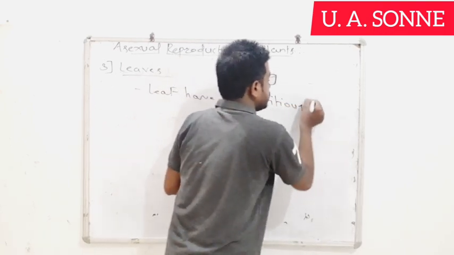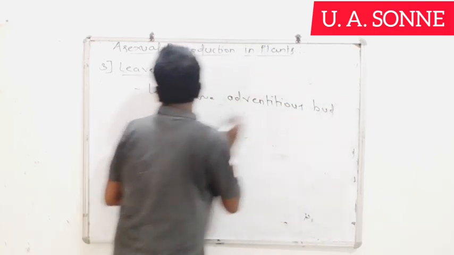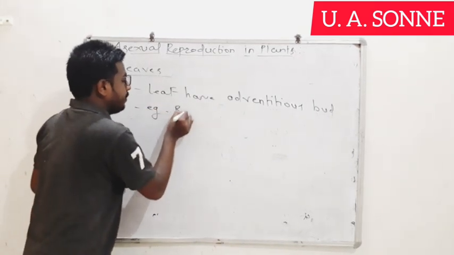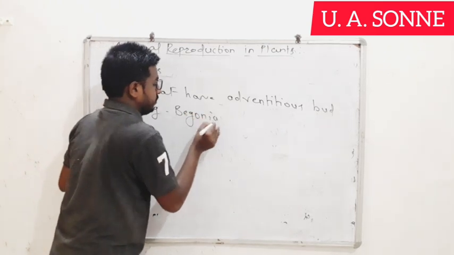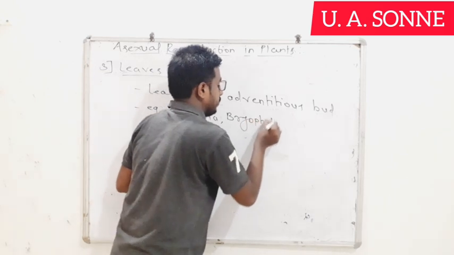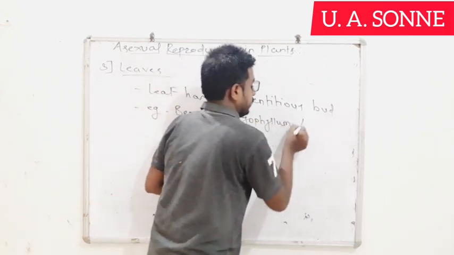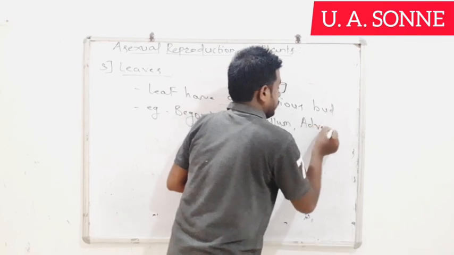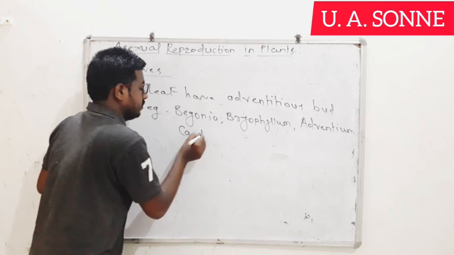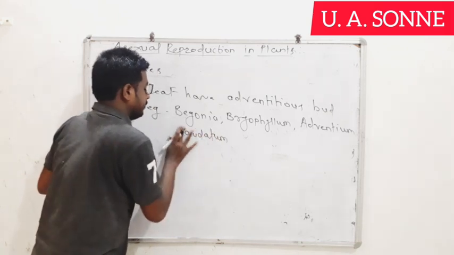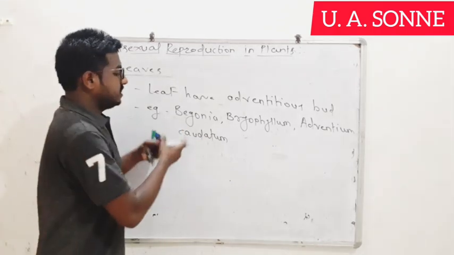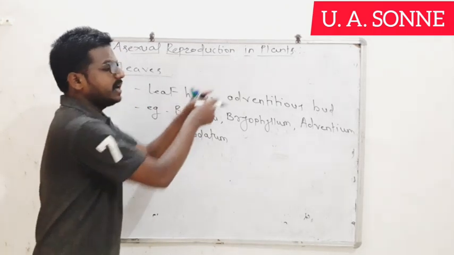This occurs in the case of begonia, then bryophyllum, Adiantum cordatum. These are the different plants in which leaves have adventitious buds.